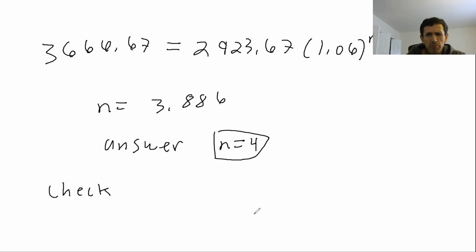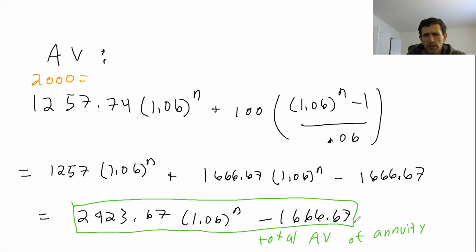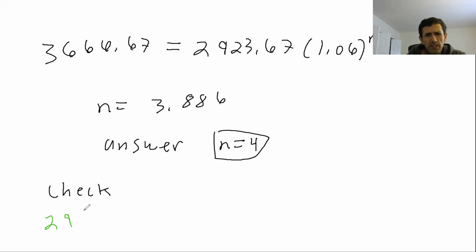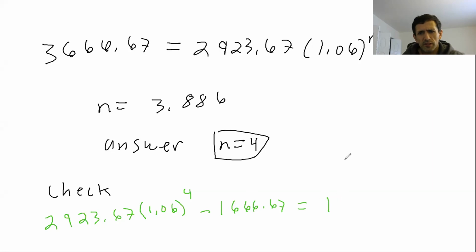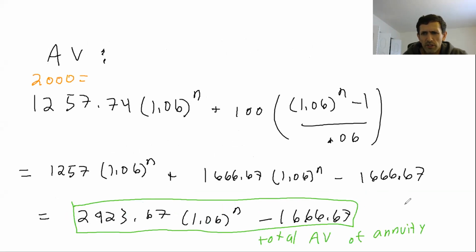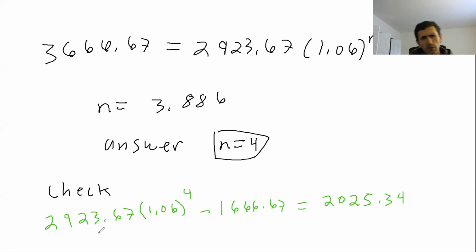Plug in n equals 4: 2923.67 times 1.06 to the fourth, minus 1666.67, and you're going to get 2,025.34. So you do have at least $2,000.